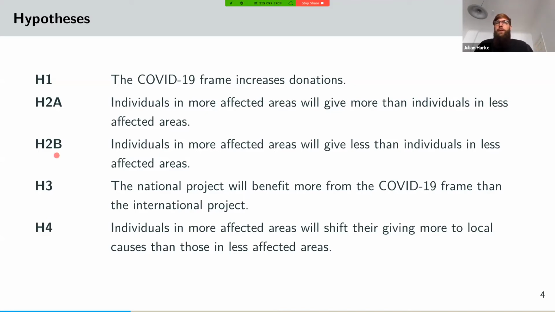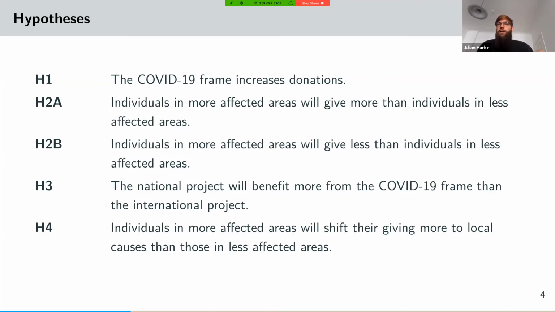But on the other hand, because they have the pandemic more present, it might be that they just focus more on their own needs. And in the third hypothesis, due to this shifted attention, we hypothesize that the national project will benefit more from a COVID-19 frame than an international project.